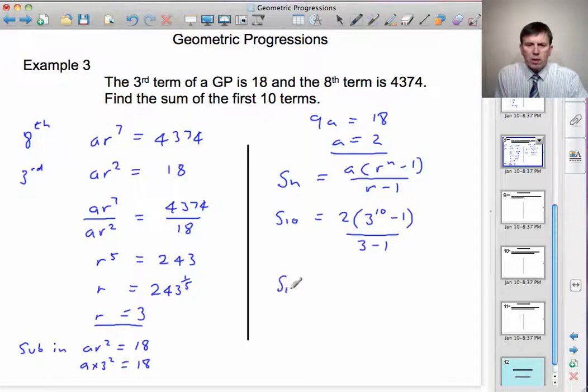And if we put that in our calculator, we end up with 59,048. And that concludes example 3.